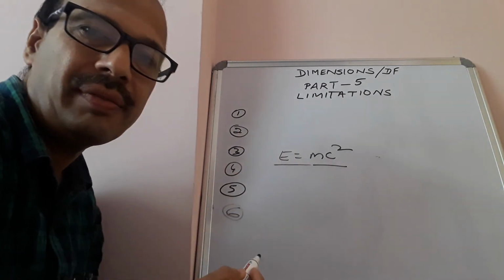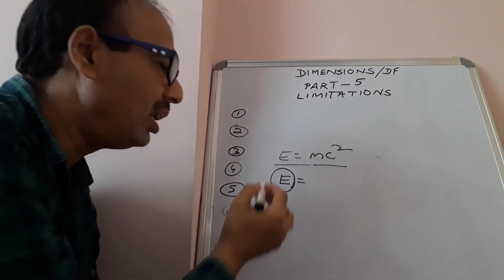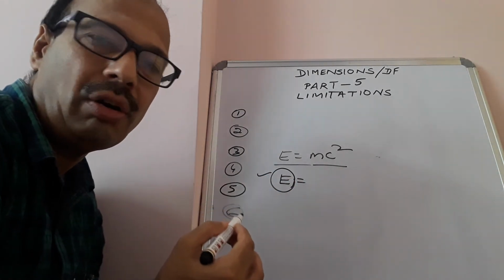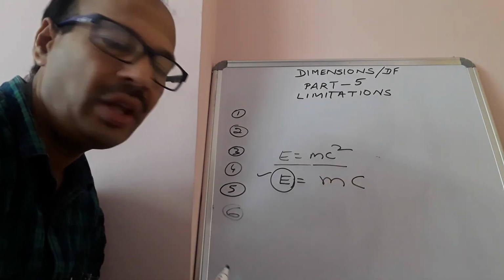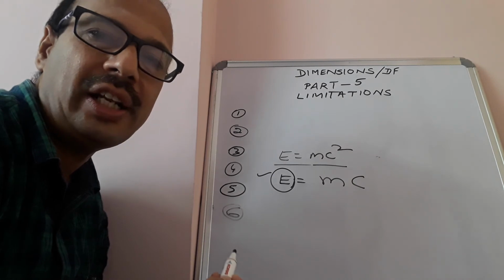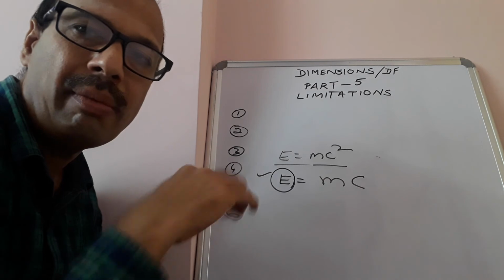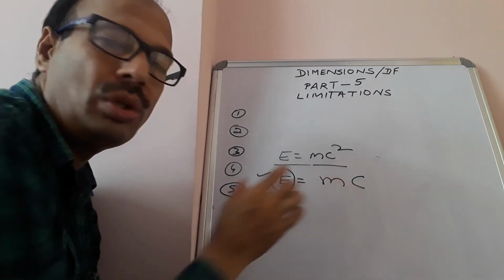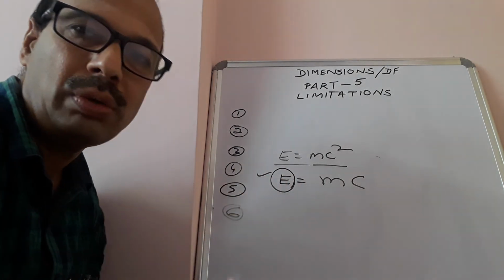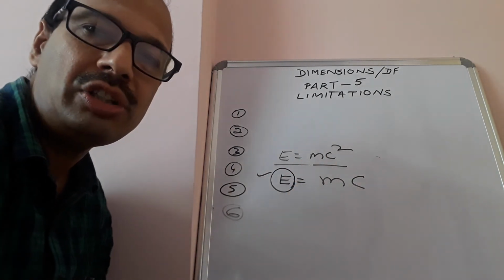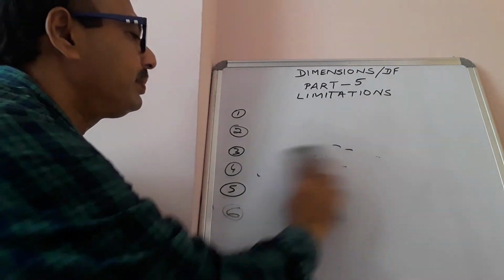In this, we should know on what quantities this energy is depending on. Energy depends on mass and velocity of light in vacuum. This is the relationship between the mass and energy. Mass can be converted into energy and energy can be converted into mass. So, if you don't know on what quantities it depends, then it is not possible to find out the relationship among them. So, this is also one limitation.